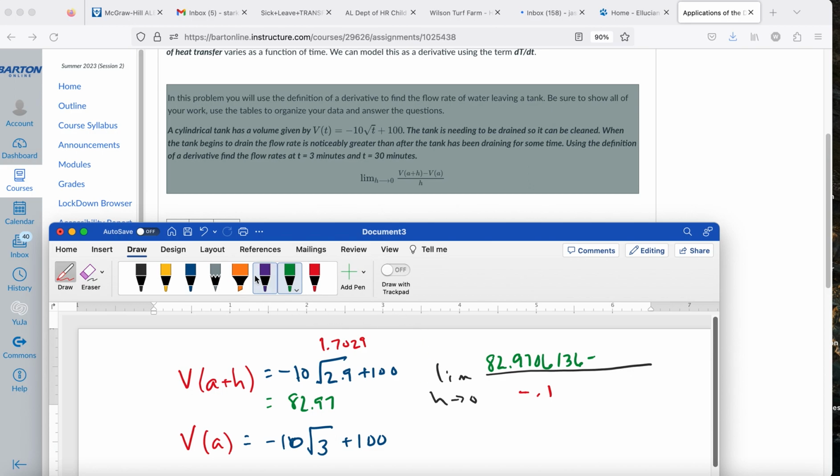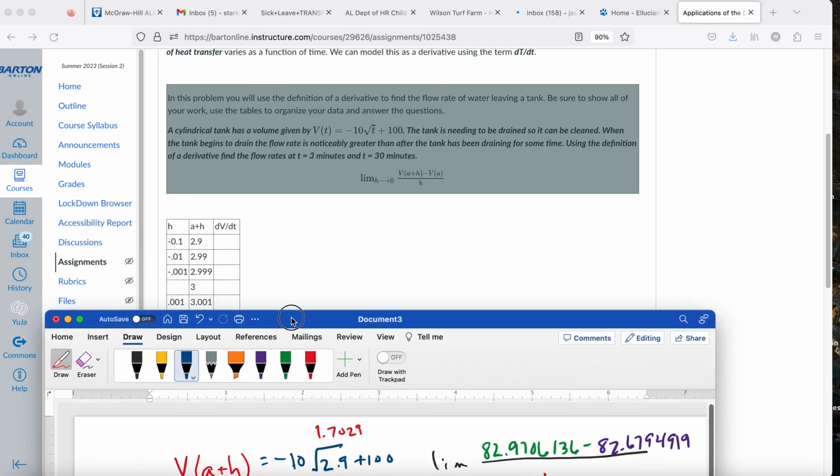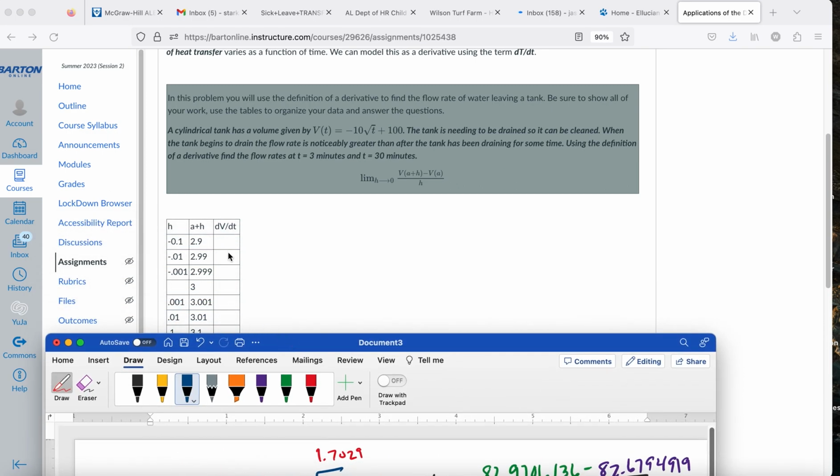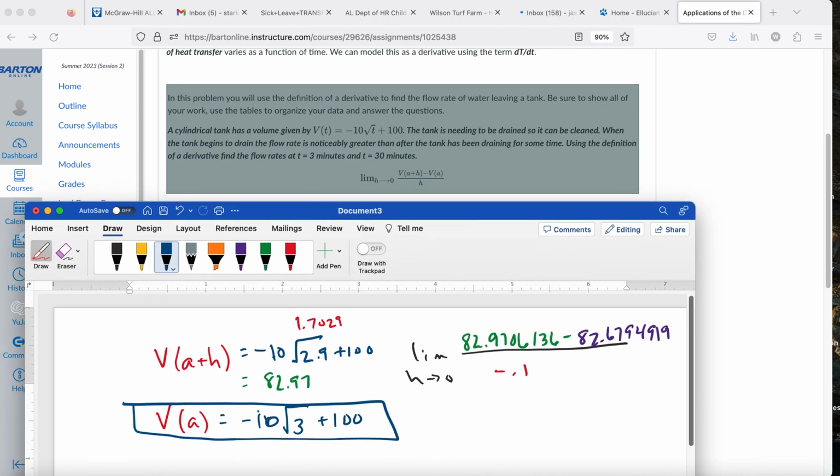This time I get 82.6794919. Here's what you want to make sure you do: this value is going to be the same for every table entry. Every one of these entries uses the same V of a.